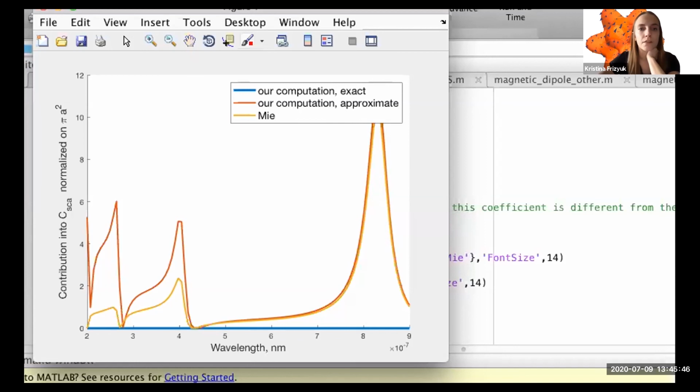And please, somebody write in chat if something works. I believe it should work.